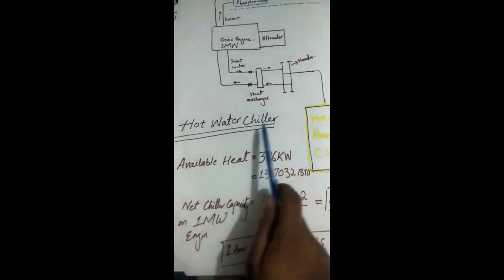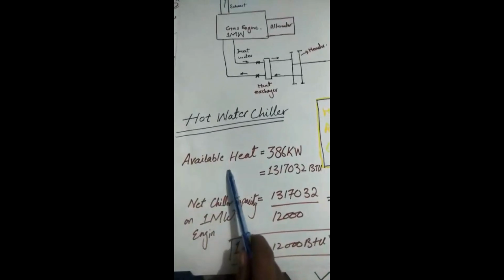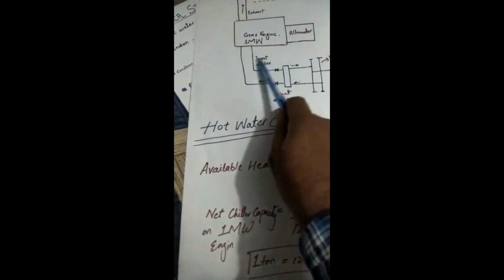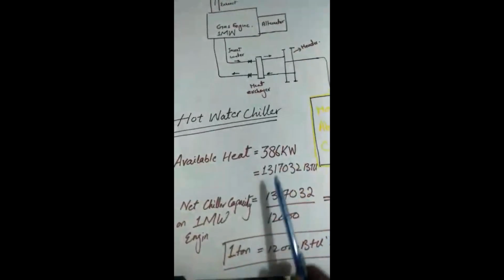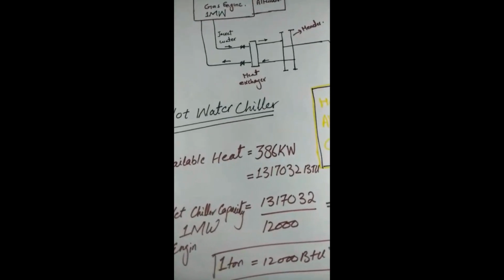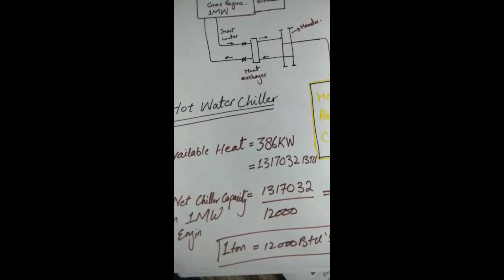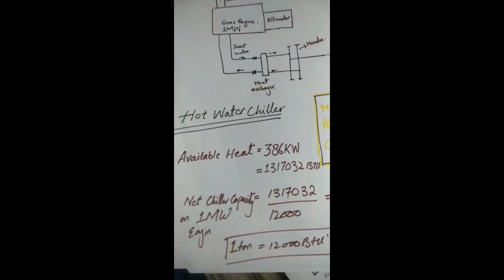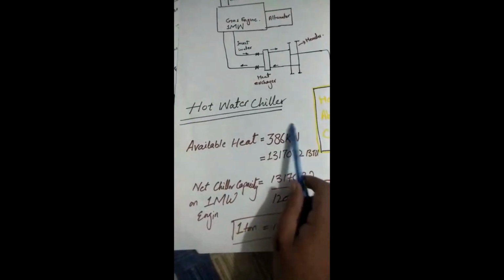For the hot water absorption chiller, the available heat in the jacket water of the gas engine will be 386 kilowatts, which I have already told you in my previous video on how to calculate cogeneration efficiency, and how we get this heat.